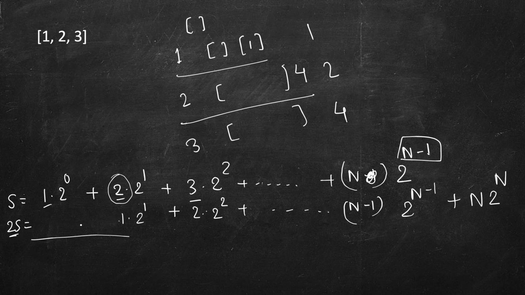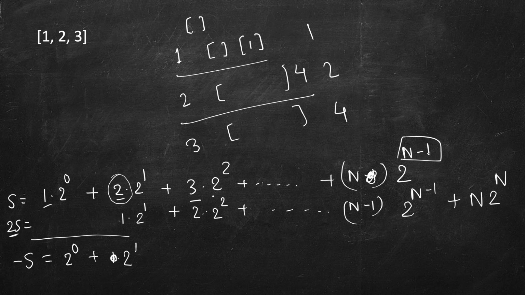And now subtract S from 2S. This will be 2 raised to the power 0. Here the powers are common and the constants have a difference of 1. So this is 1 times 2 raised to the power 1.